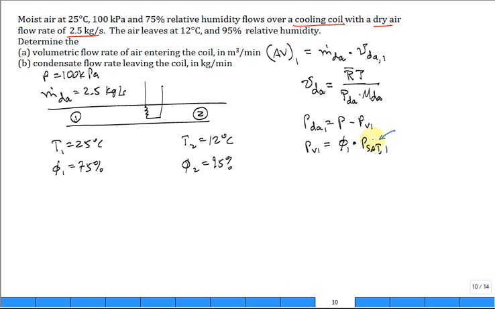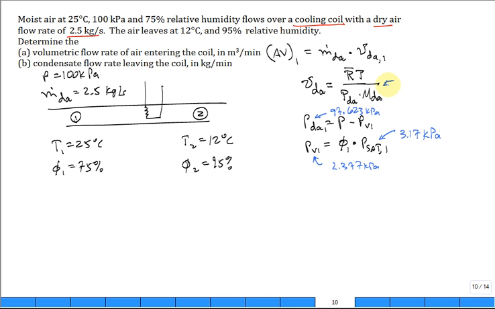Let me find my numbers here. Saturation pressure at 25 degrees C is 3.17 kilopascal. So the vapor pressure coming in, 2.377 kilopascal. So the dry air partial pressure, 97.623 kilopascal.